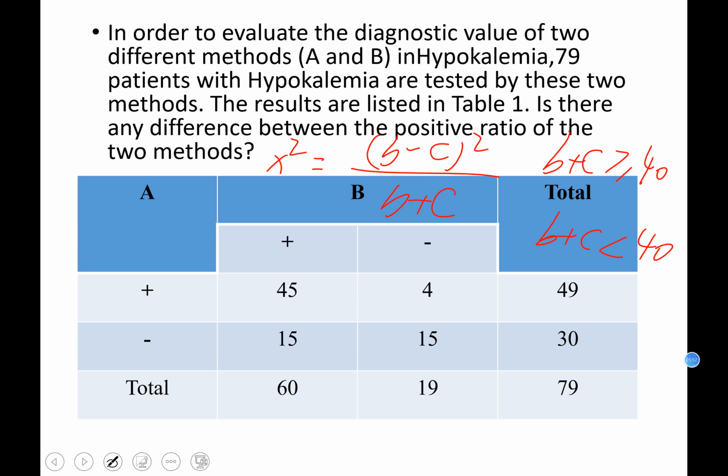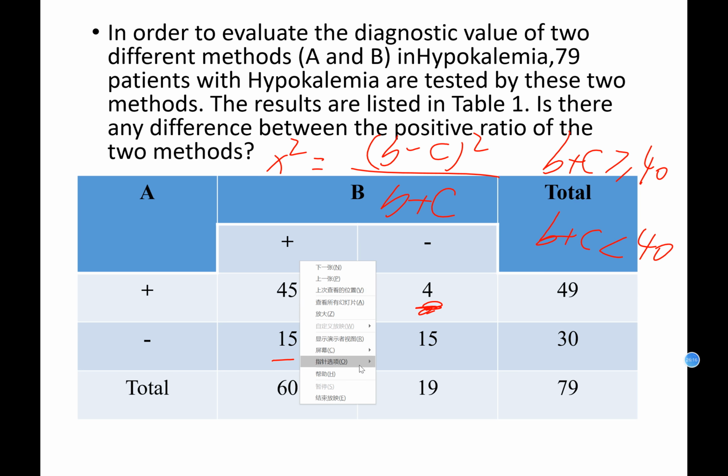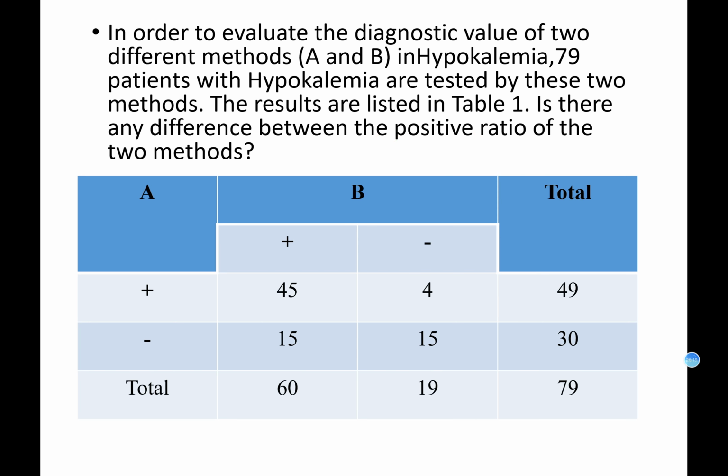Okay, so here, let's check the limit. We can find that b is 4, c is 15. So the summation of b and c is less than 40, so we need to use the corrected formula. Here, chi-square value equals the absolute value of the difference of b and c, minus 1, squared, over b plus c.